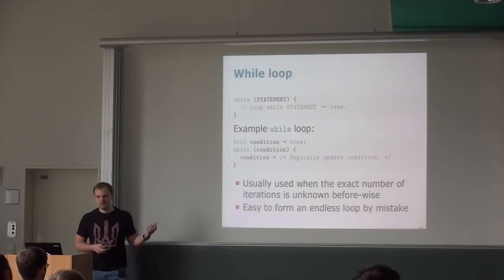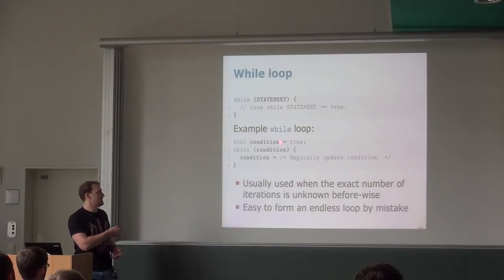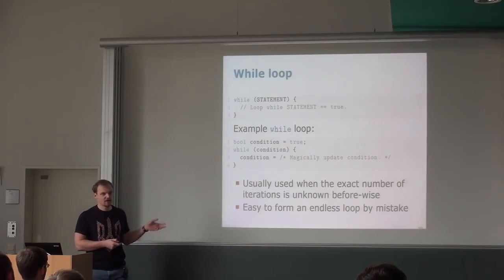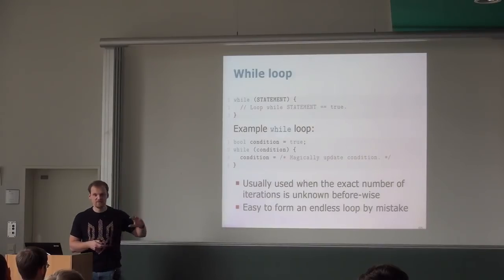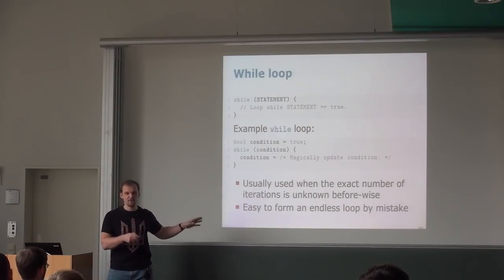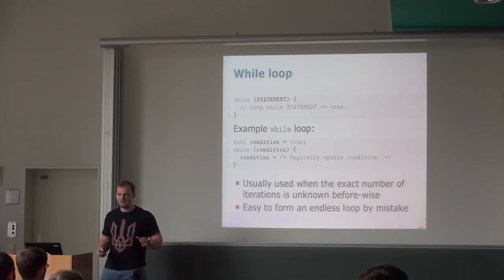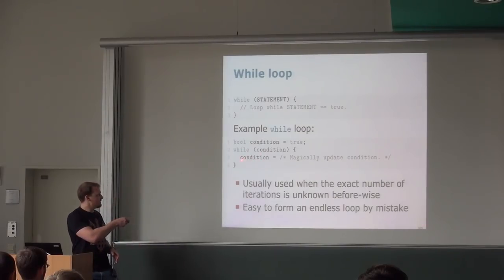So an example would be that there is some condition which is initially true, then we go into the while loop, and then this condition is getting changed by something. For now it's not important, but let's say it's just magic, some magical way that eventually changes this thing to be false. It goes through the scope over and over.